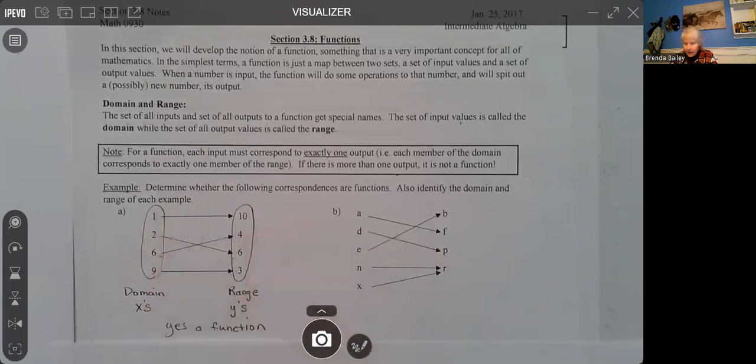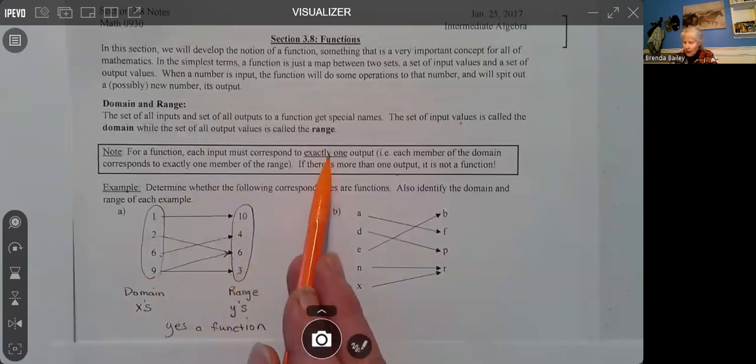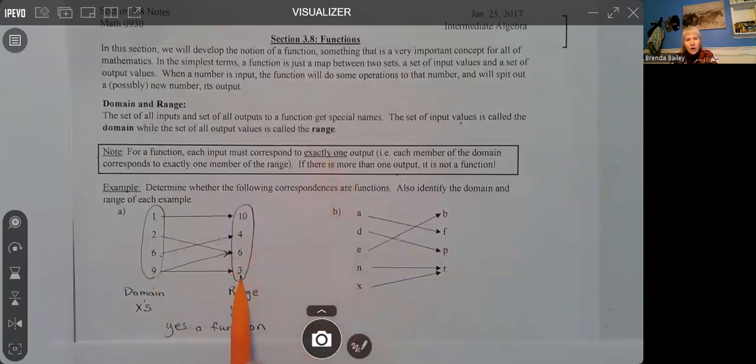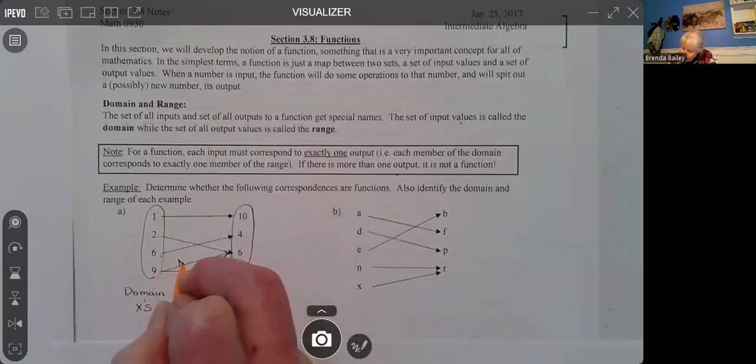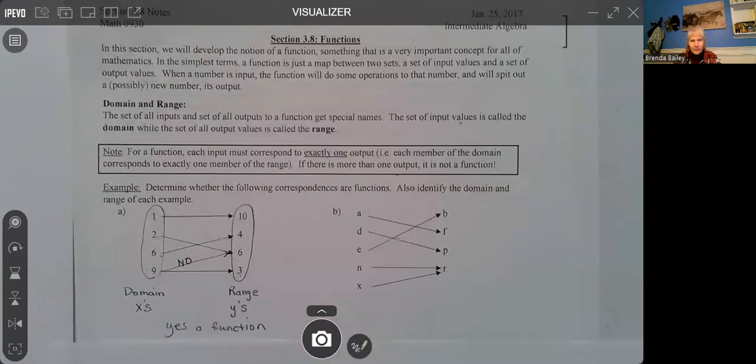So let's do the 9. The 9 goes to the 3, so only the 3. If I put the 9 to the 6, the 9 goes to 2 different numbers, not exactly 1. It is no longer a function. This makes it a no right there.